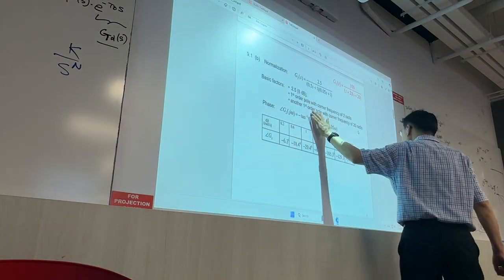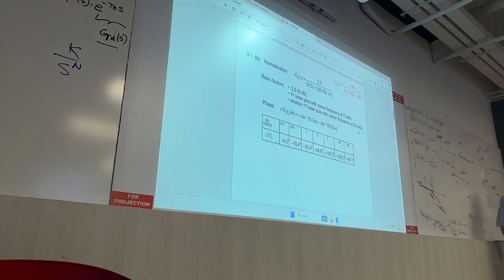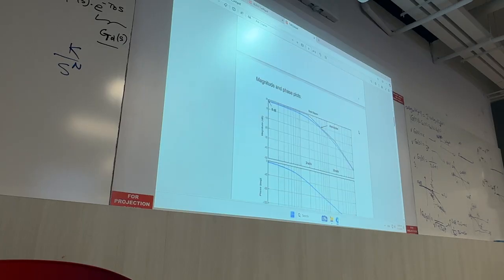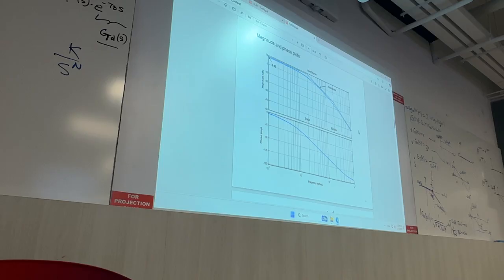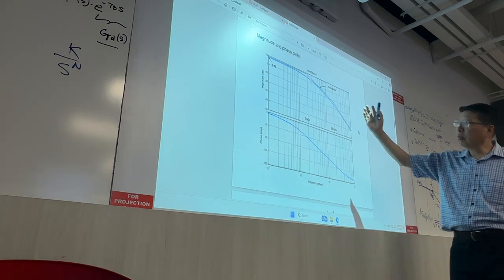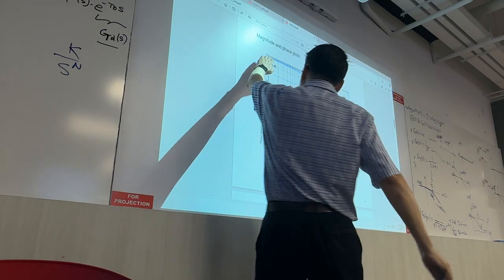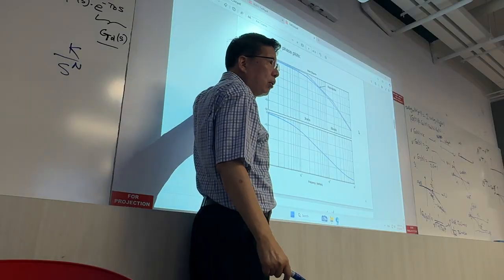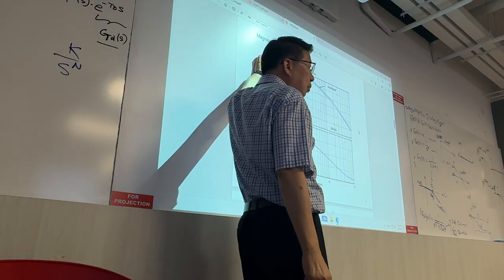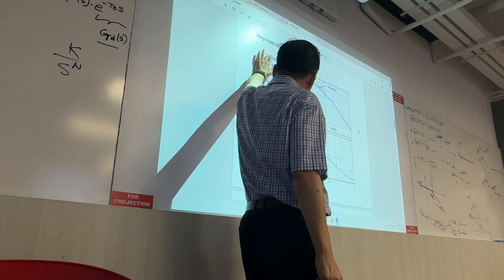So with these 3, we do the same. You can see that this is a Bode plot. We start from the left, lower frequency, where you have the fewest contributions. Only the 8 decibels will give you the contribution.